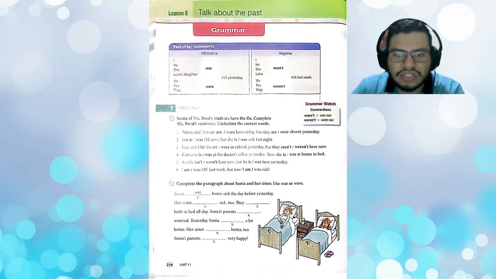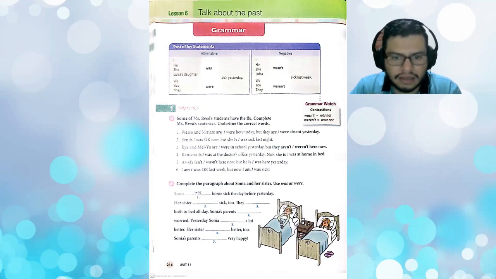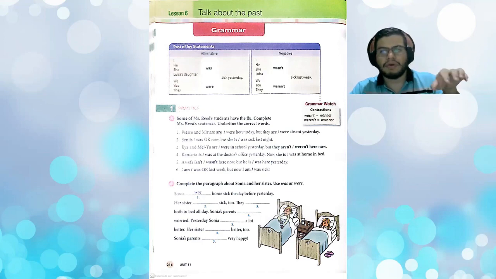But she, in this case he, was here yesterday. Was is in the past. I was okay last week, but now I am sick. Yo estaba bien la última semana, pero ahora yo estoy enfermo.